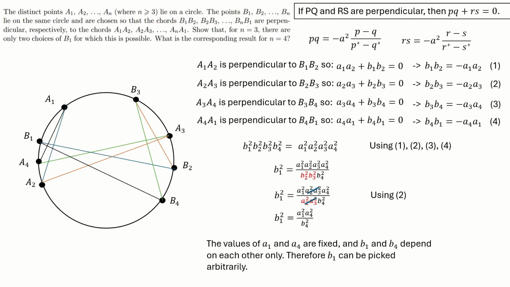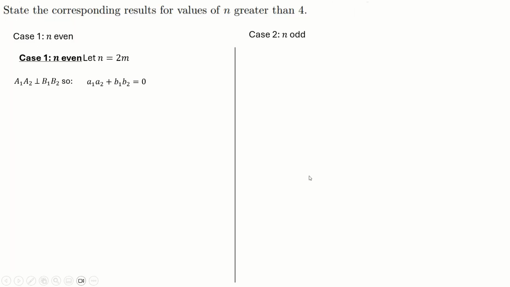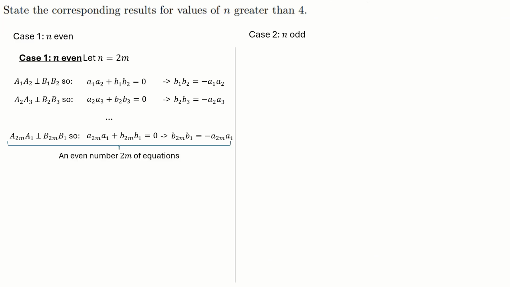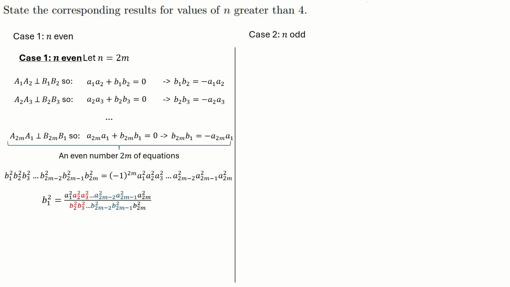And now, just like I did for the previous one, let's just multiply all of them together. Of course, 2m is even, because it's got a 2 there, which means all those negatives are going to go away. So that's cool. And then when we divide by all of these b's that we don't want over here, there's going to be a whole bunch of cancelling. So a bunch of pairs here are going to cancel out.